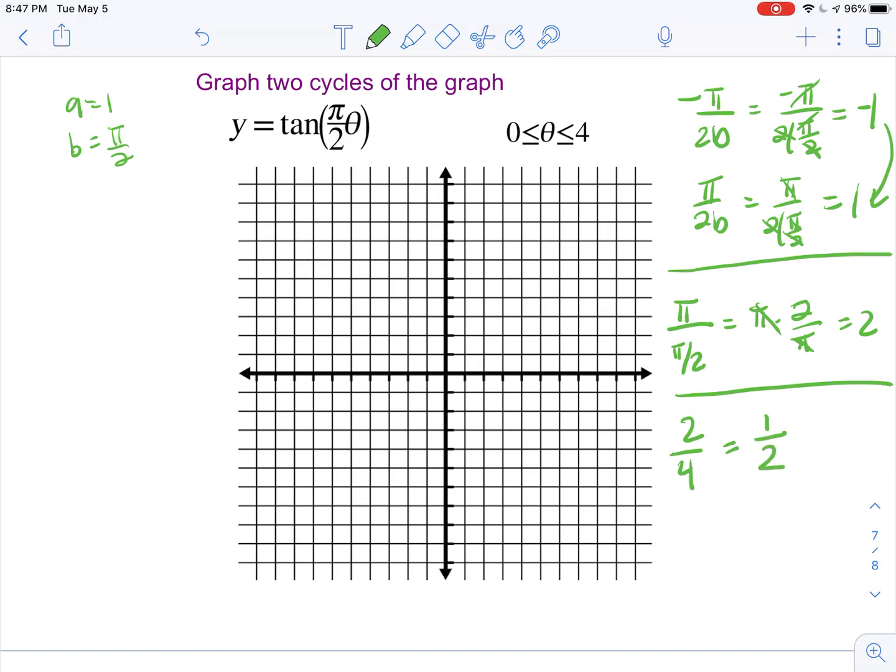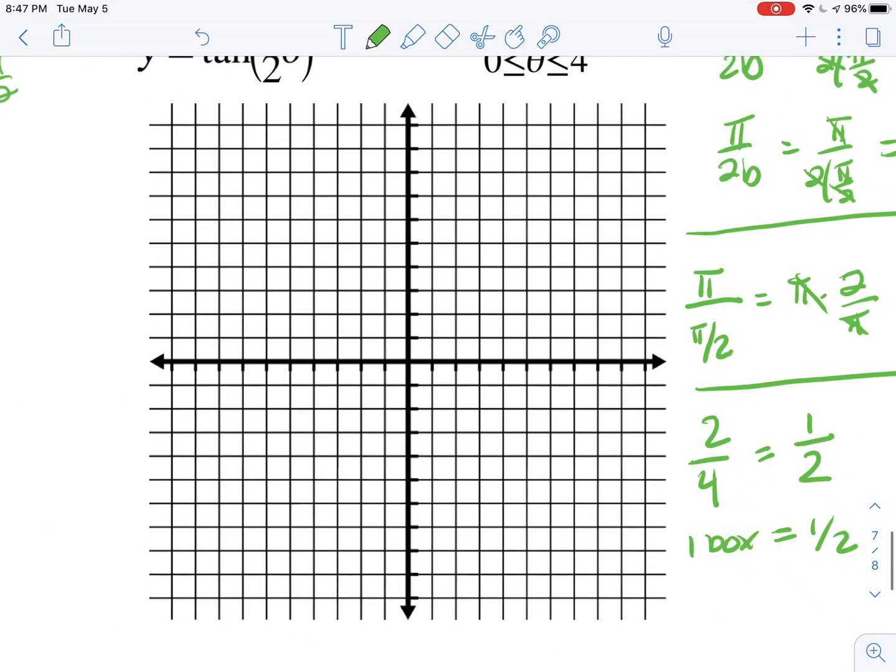Well, now we need to take our period, which is 2, divide it by 4 so we can find out where all the major graph features happen. So every major graph feature happens half a unit away from one another. Which means I should have my scale at least be 1 box equal to 1/2 a unit. And that's exactly what I'm going to do.